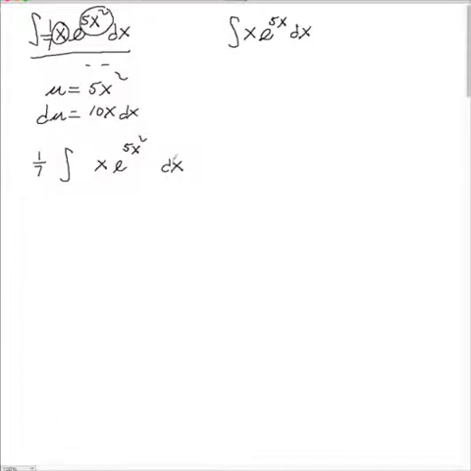Now to make this work, I want to replace all of this stuff with du, but I need this to be down here, and currently it isn't. I have the x, but I need the 10x to be in front of it, so I'm going to put the 10 in, which means out front I'm going to multiply by a 1/10. So now I can make the substitution and everything is accounted for. So out front what I have is 1/70 integral.